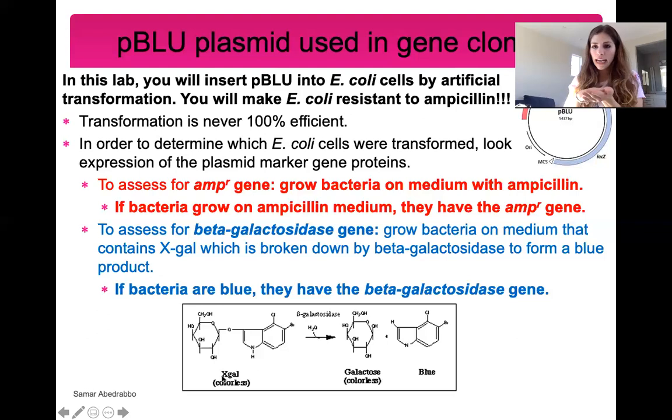You're going to have your agar with X-gal on it, and then you're going to plate your transformed cells. If your transformed cells have the beta-galactosidase gene, they can break X-gal, and when you break X-gal, you get a blue color. So if bacteria are blue, they have the beta-galactosidase gene.